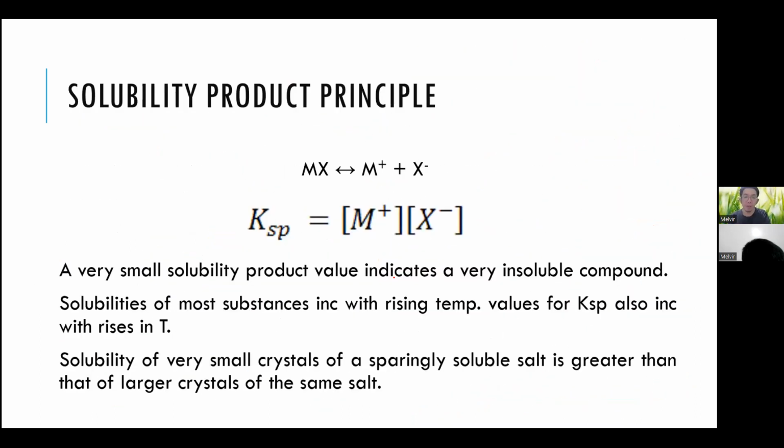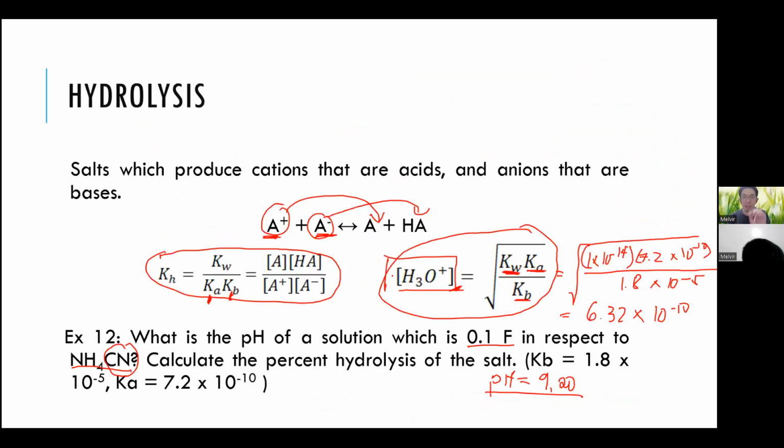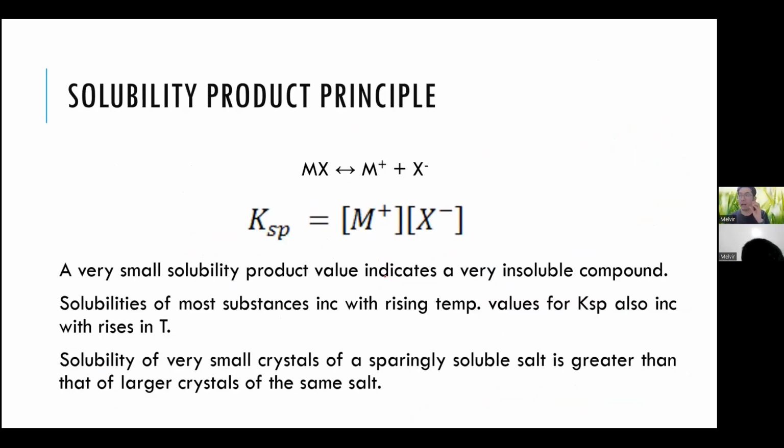Okay? Because when your salt is only partly soluble, the associated equilibrium constant is different. The equilibrium constant must be Ksp. So Ksp is your solubility product constant, and we'll now be talking about the solubility product principle.